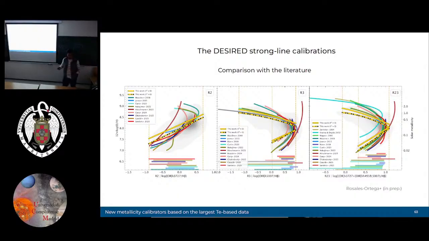So for most of the cases, our calibrations have the longest range for a given index. Not in all cases, but for example, this yellow one was produced using only photoionization models, and well, it is completely wrong in terms of the offset, but also in the range of the observable regions that can actually be observed in the universe.